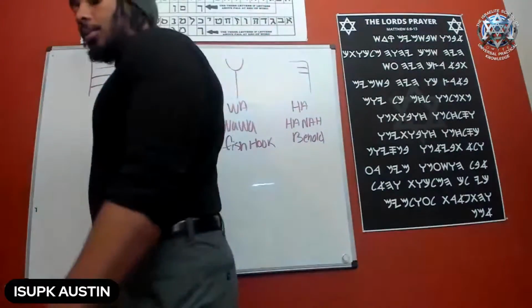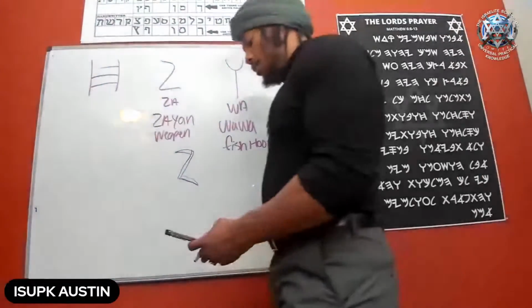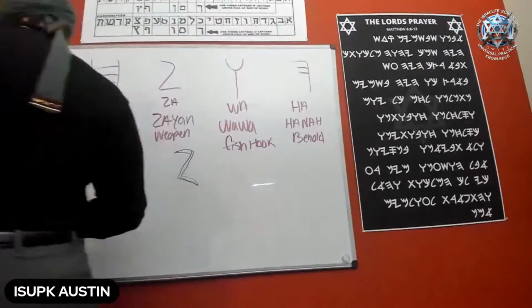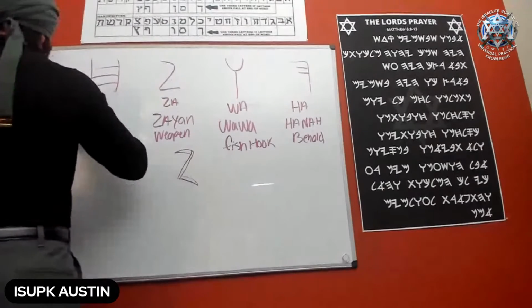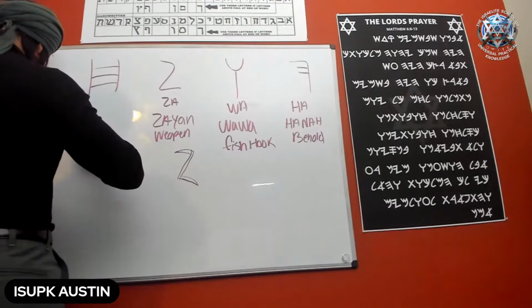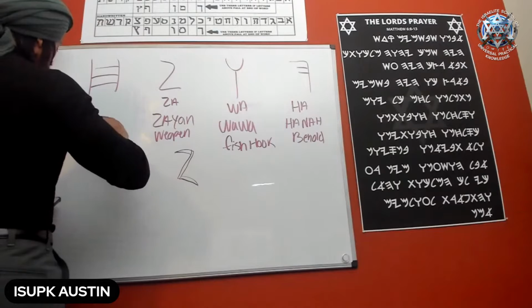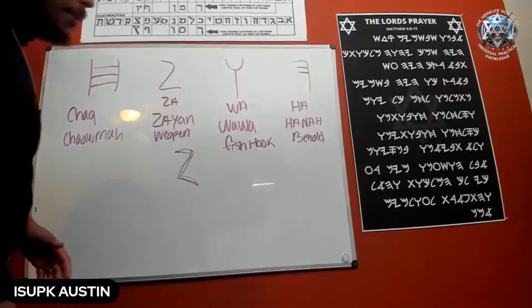All right. Now the next one is kaf, which comes from the word chama. Which is what?